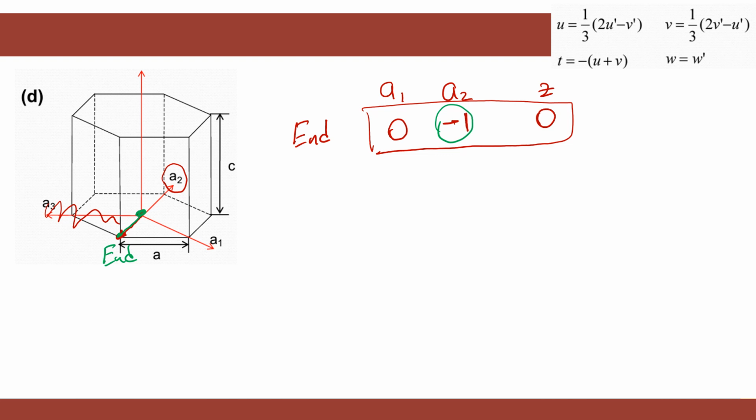So this is your U dash, this is your V dash, and this is your W dash. So can you find me U, V, T, and W, please? What is your U?